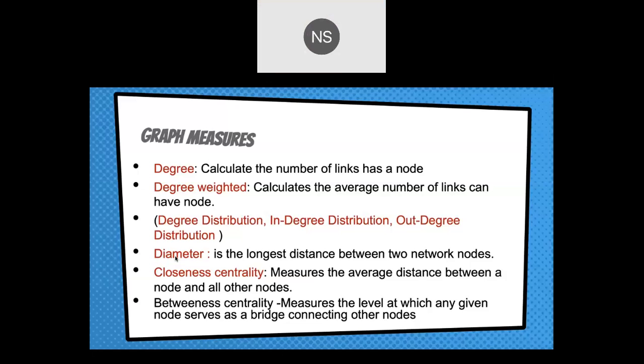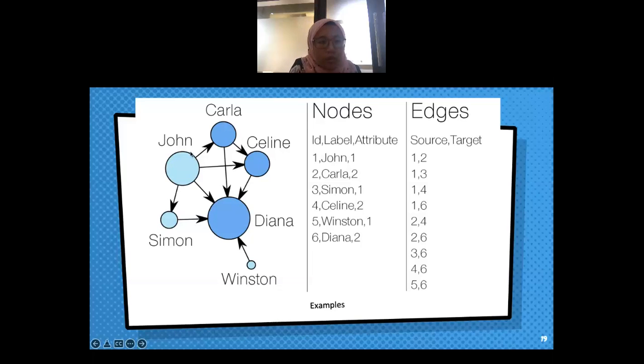Okay. Closeness centrality measures the average distance between a node and all the other nodes. I think this is quite self-explanatory. So they will give you the average between, for example, John and Simon, John and Diana.